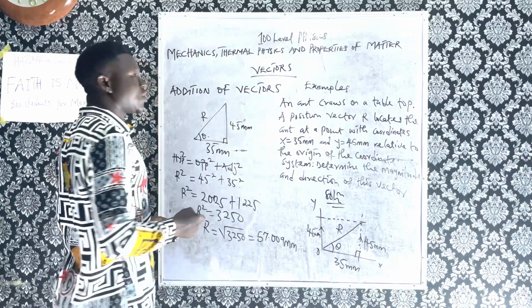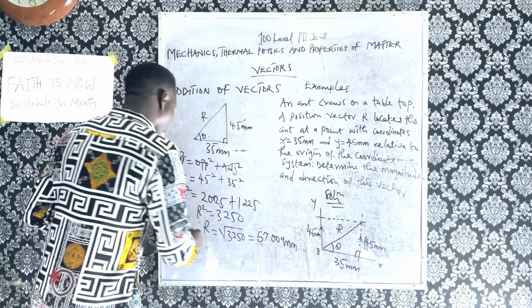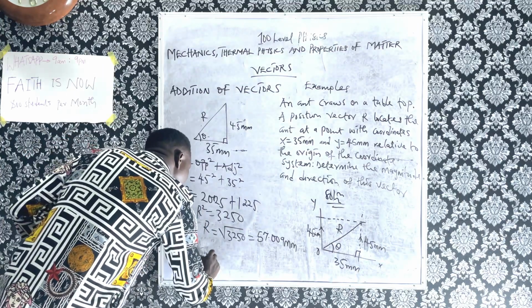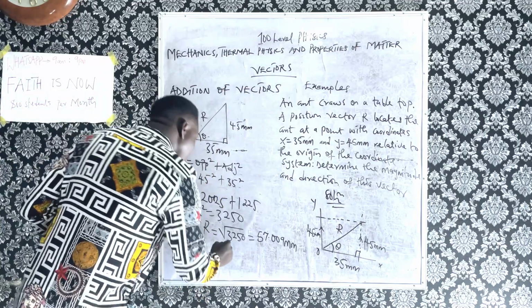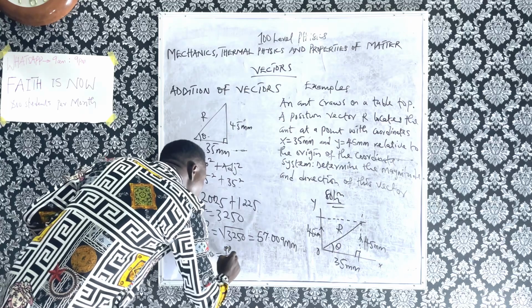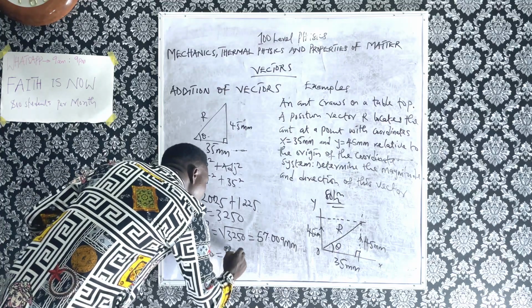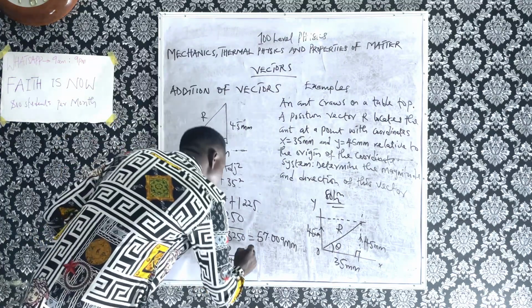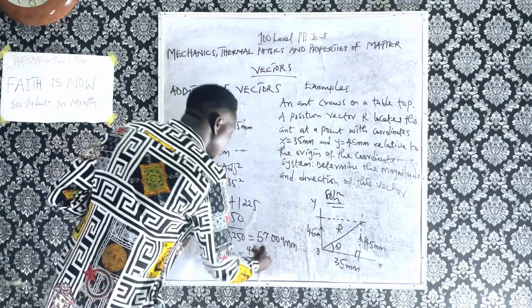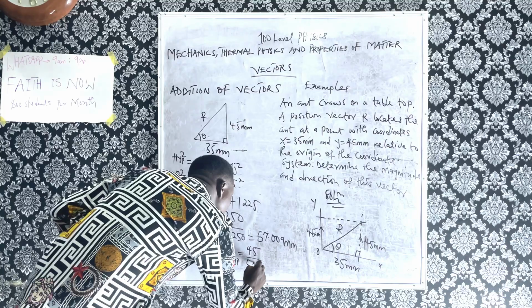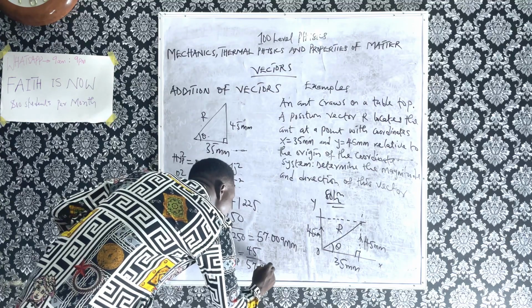So if I want to use sine, that should be sine theta equals opposite over hypotenuse, and opposite is 45. That's the side facing the angle. Hypotenuse is what we got here now to be 57.009.